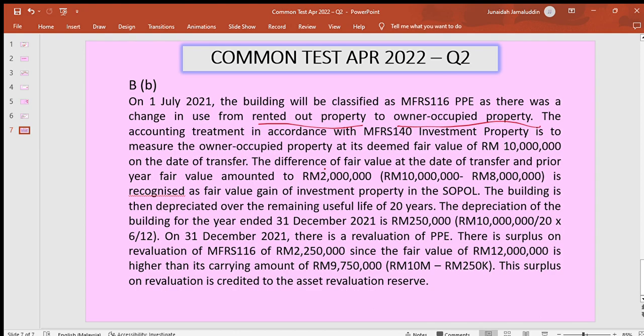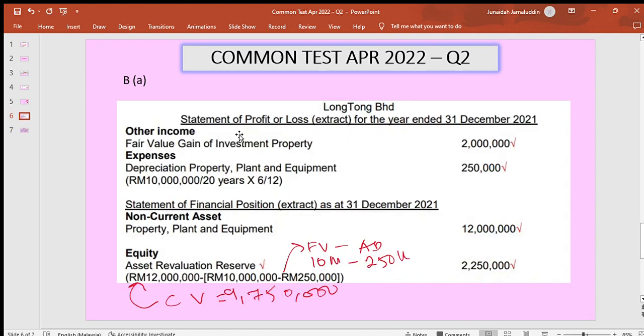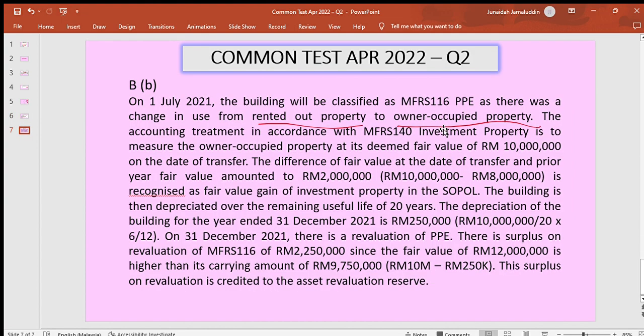And then the difference of fair value at the date of transfer and prior year fair value amounted to 2 million is recognized as fair value gain in the SOPO. So just now we already disclosed in the SOPO the fair value gain on investment property, remember, amounted to 2 million. So that one we can explain in the accounting treatment.